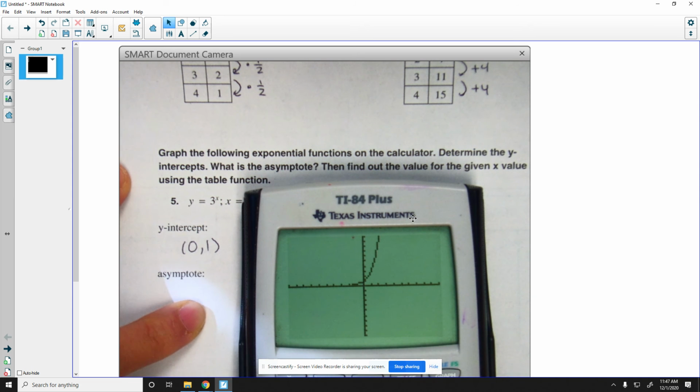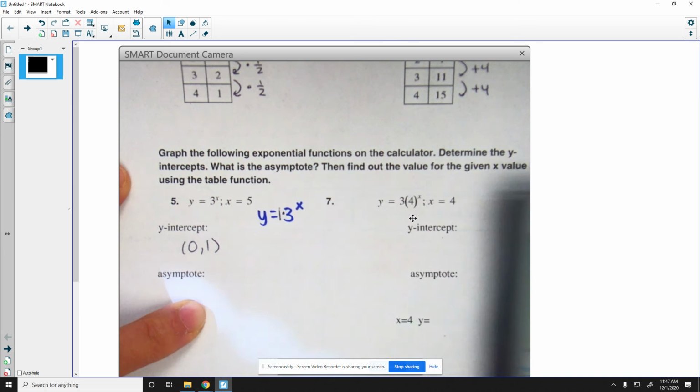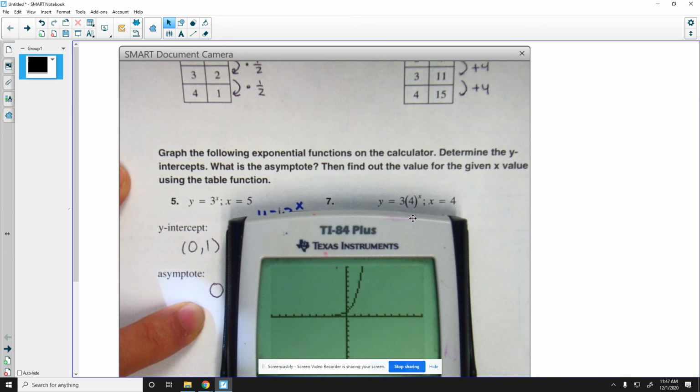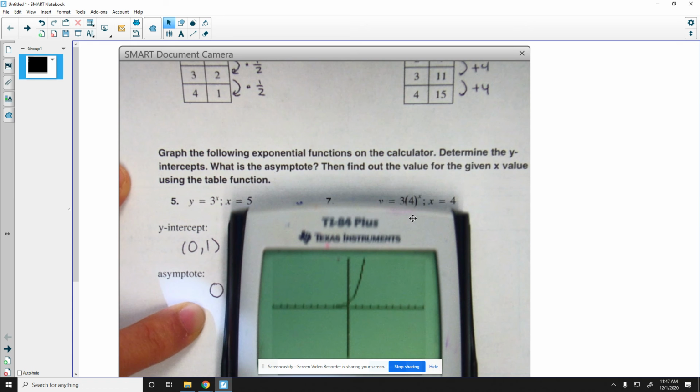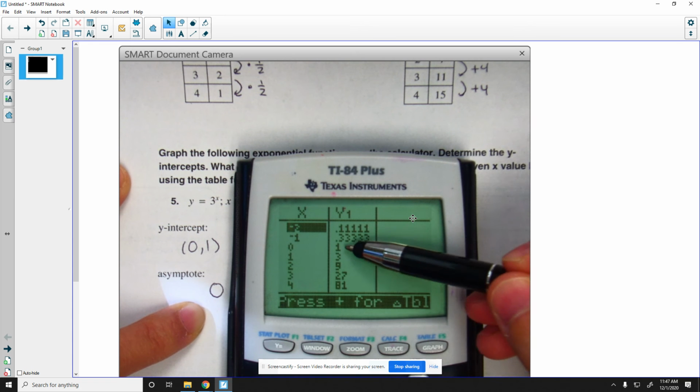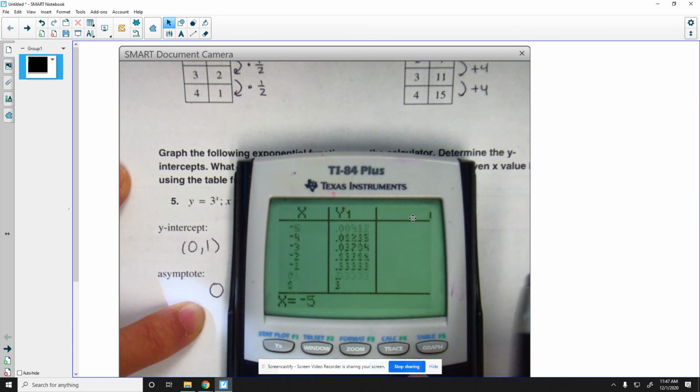Online. Thank you. It's 0, right? So the asymptote, it gets really close to the 0, but it never actually touches. And if you don't believe the graph, then go to your table, right? You're going from like 9 to 3 to 1 to 0.3 to 0.1 to 0.01 to 0.001.